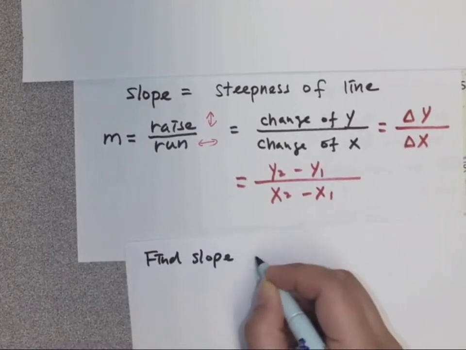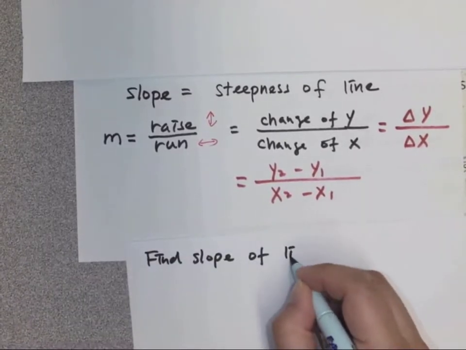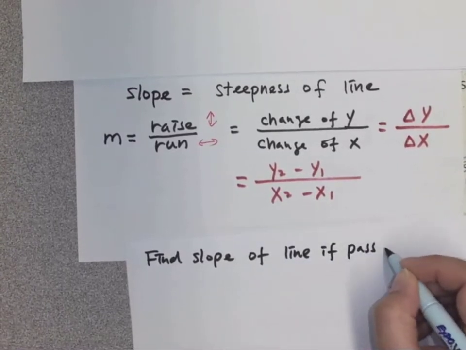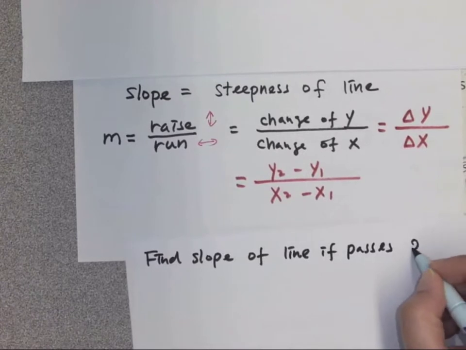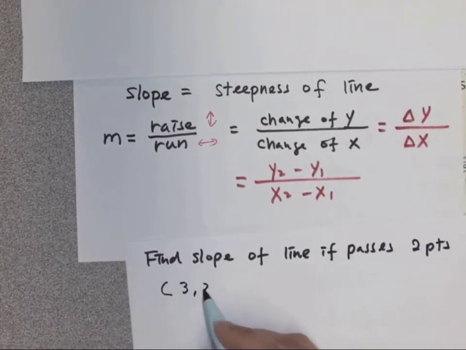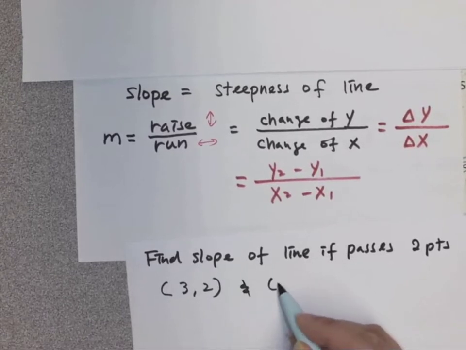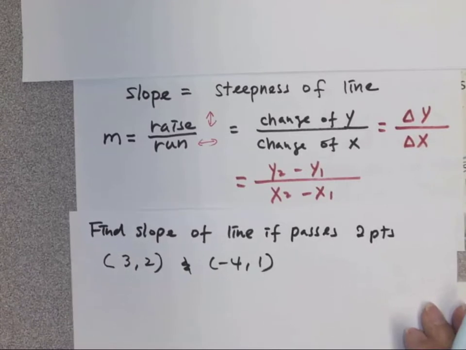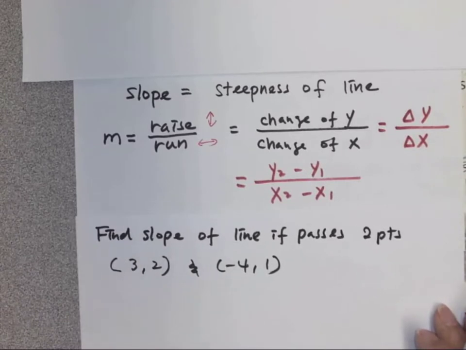Find the slope of a line if it passes through 2 points, and the points are (3, 2) and (-4, 1). Because they gave you 2 points, you can put them in the formula, right?